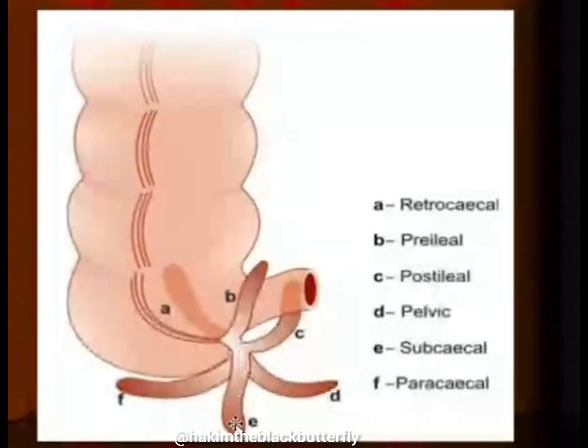It can be below the cecum, and that's what we call subcecal. And it can be on the sides or lateral to the cecum, and that is what we call paracecal. These are the different positions of the appendix, so that when you are scanning it, you don't presume that it's always hanging down in the pelvis, but the root remains fixed irrespective of the position.